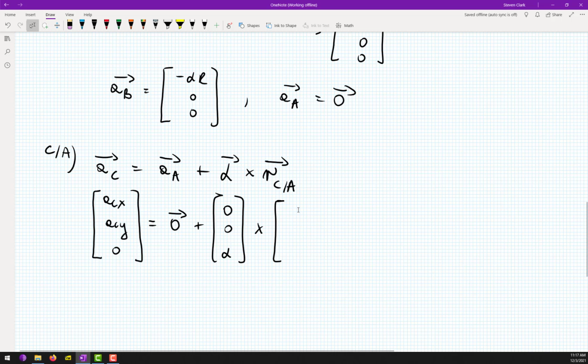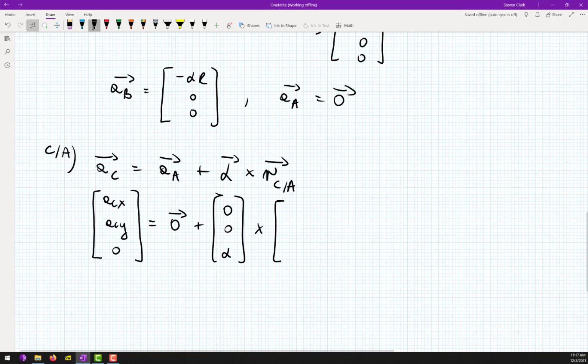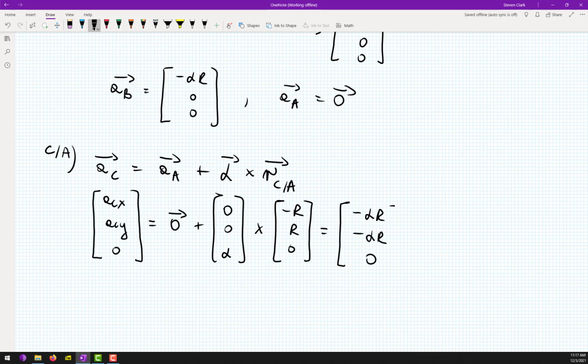Let me draw it in the picture, RCA. Okay, RCA is here. This is RCA. So this guy has such components. Minus R, R, 0, I believe so. So this will be minus R, R, 0. Okay, and if you run this determinant, you will end up with minus alpha R, minus alpha R, 0.